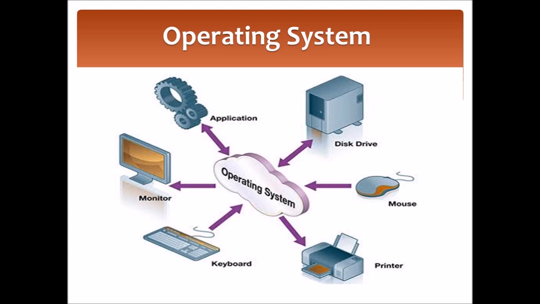In the same way, a number of services are provided by an operating system. Imagine what will happen if there is no principal in school. Everything will become unorganized. Similarly, if the operating system is not working in a computer, it will not be able to perform any operation. So here in the diagram, you can see that the operating system manages all the applications, disk drives, mouse, printers, keyboard and monitor.